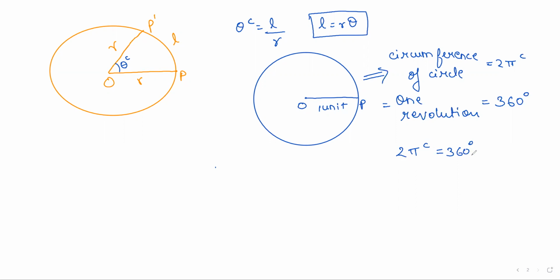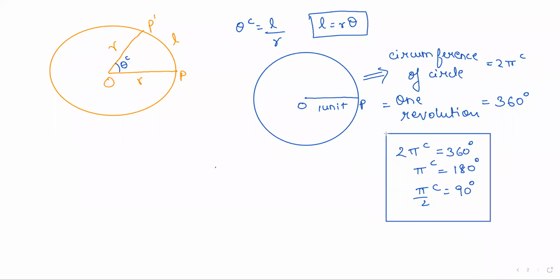So 2 pi radian will be equal to 360 degree, or dividing by 2 on both sides, pi radian will be equal to 180 degree. If you further divide it on both sides, you'll get pi by 2 radian equal to 90 degree. These are the standard conversion factors between radian and degrees.